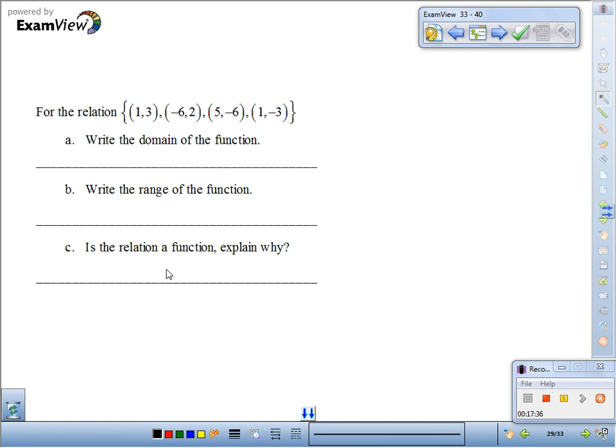So let's look at all the x's. Here we go. X, X, X, X. So we're going to write the domain in here, rewriting these in ascending order. What is the smallest number? Negative 6, comma, 1, comma.